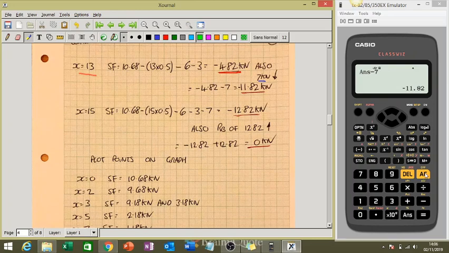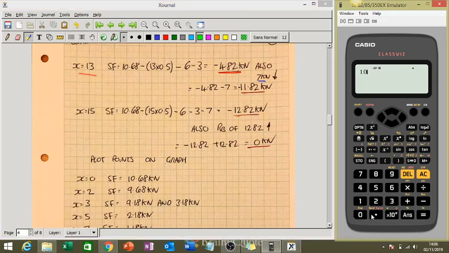Gives me that. So just to make sure, 10.68, take away 15 meters of the 0.5, take away 6, take away 3, take away 7. Gives me minus something, 12.82.